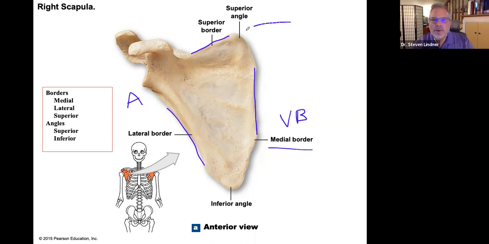We have the superior angle, we have the inferior angle, and then we have the lateral angle, which is right there, which is part of the glenoid cavity.